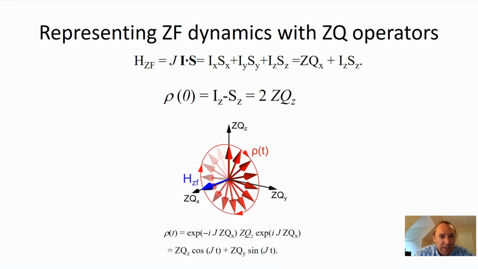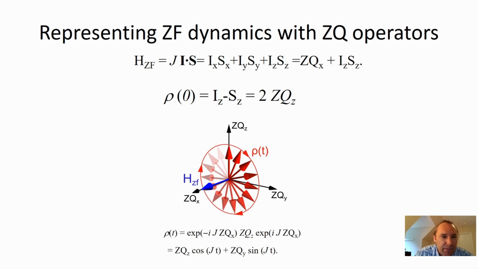Now, this is really cool because now we can just make a picture that we are familiar with that feels more comfortable, of a spin rotating around a Hamiltonian. Okay, so our starting point is this zero quantum Z, which is IZ minus SZ, and this density matrix, the zero quantum Z density matrix, is at a 90-degree angle with the zero field Hamiltonian, namely the zero quantum X component, right?